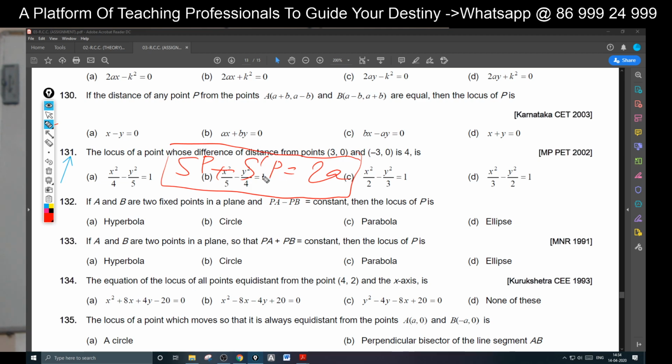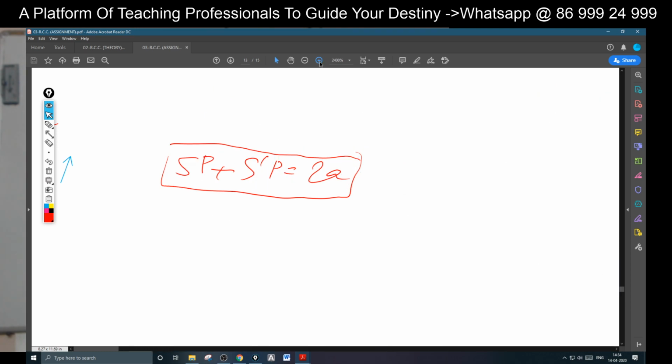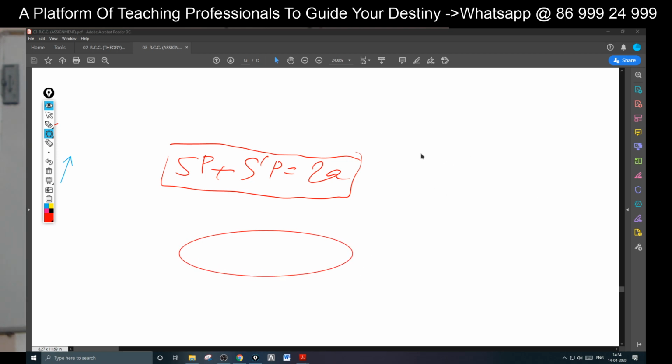SP plus S dash P is equal to 2A forms an ellipse, whereas the difference, SP minus S dash P, is equal to 2A.